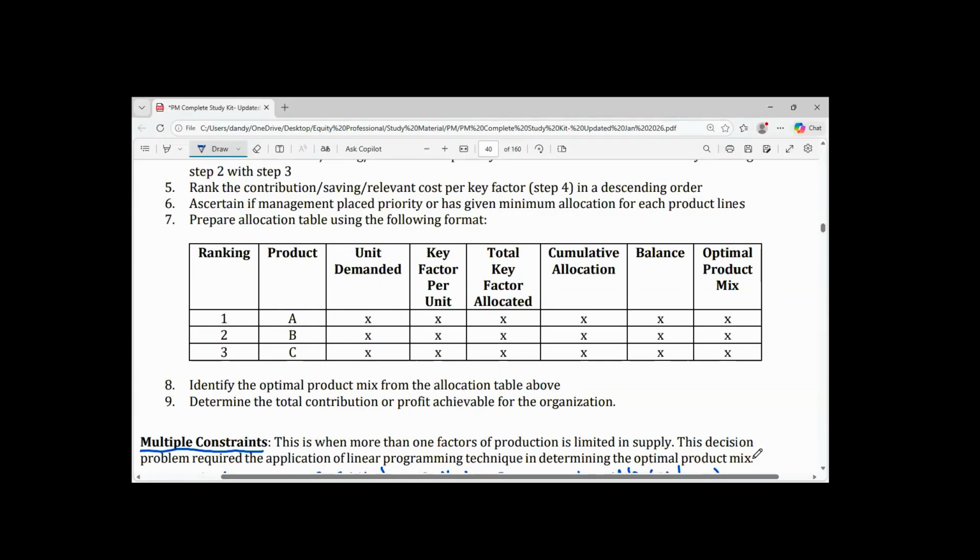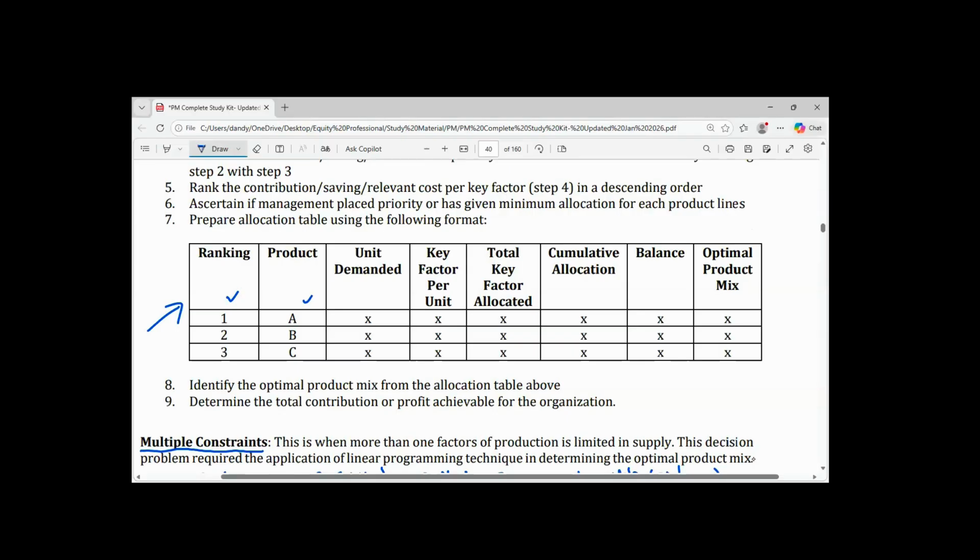There are about 8 columns to the format for the purpose of allocating the limited scarce resources. So the ranking you have done in step 5 will come as number 1 column. That's the first column.